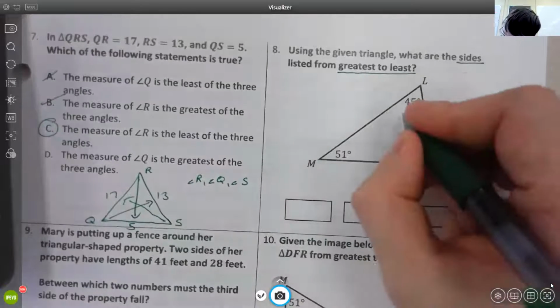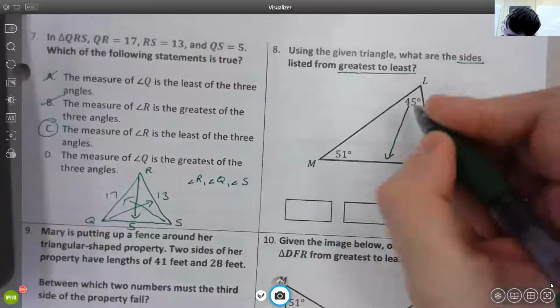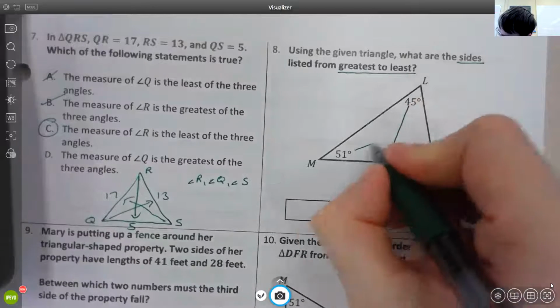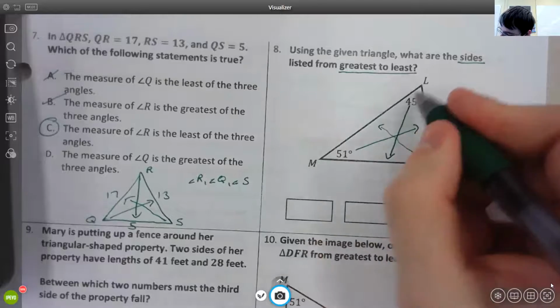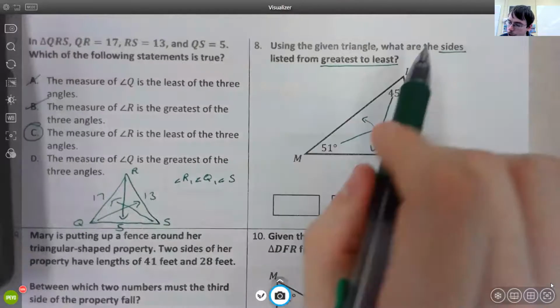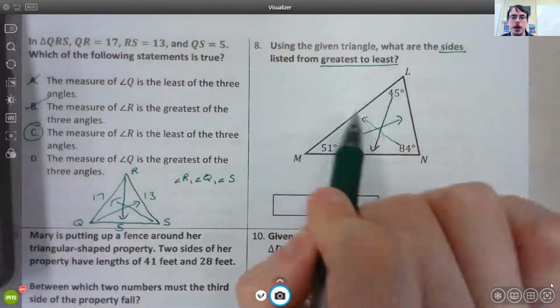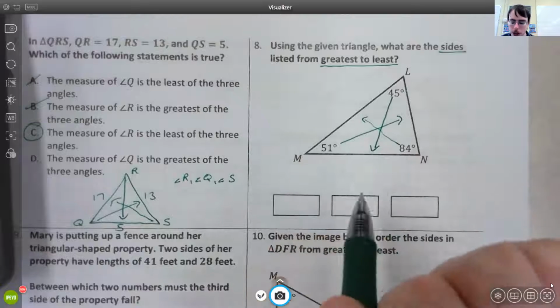So I'm going to draw my arrows to the opposite sides. 45 doesn't touch MN, 51 doesn't touch LN, and 84 doesn't touch LM. Now we're going to go from greatest to least. So I'm going to list out my angles from greatest to least first.